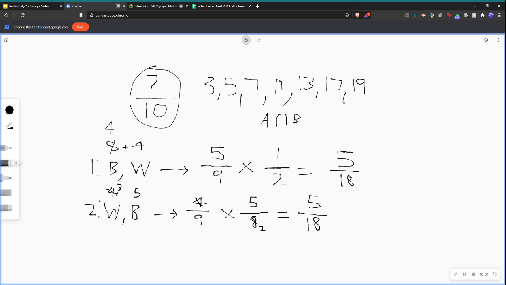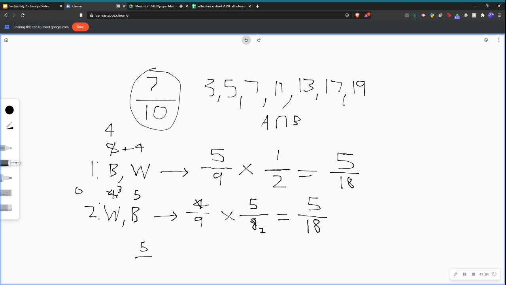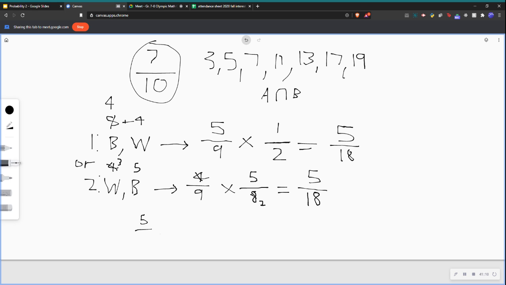All right. And so now what we can do with these numbers is we just add them up. We can have case 1 happen, or we can have case 2 happen. And so because of that, it means what we can do is just add these probabilities together.